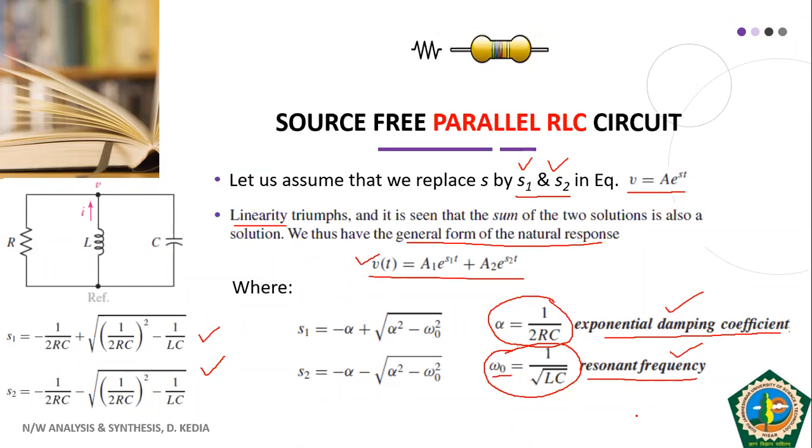Their explanation will come in time. If you substitute alpha and omega naught in the two roots, S1 is equal to minus alpha plus minus under the root alpha square minus omega naught square.